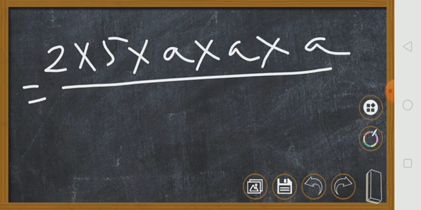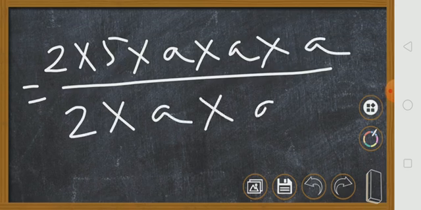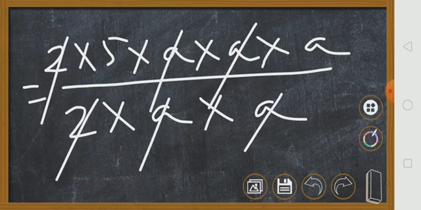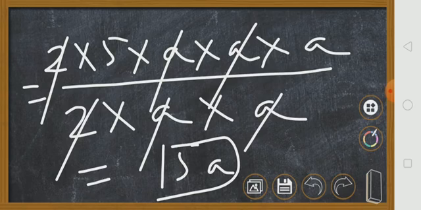Now 2a square can be written as 2 into a into a. Now 2 will get cancelled, a cancel. So the final answer will be 5a. Have you followed? Monomial by monomial.